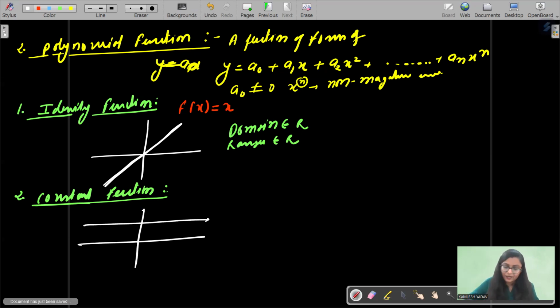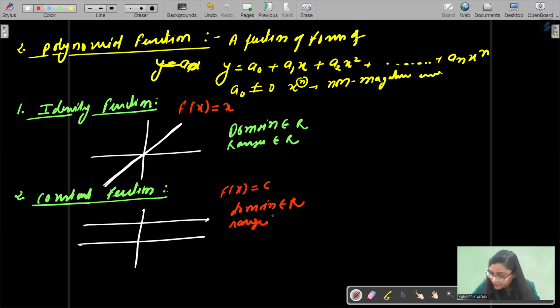In this graph, this is the form f of x equal to c. Here the domain belongs to R, but the range, since it's a constant function, belongs to c. So in algebraic function, we discussed the monomial function and polynomial function.